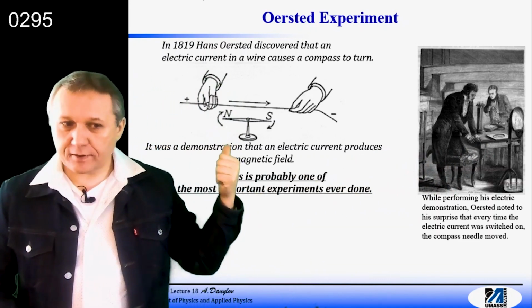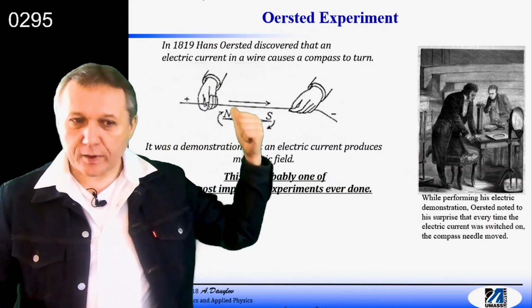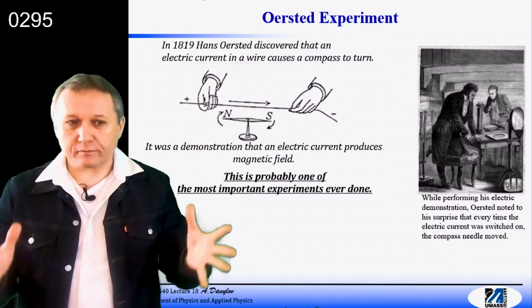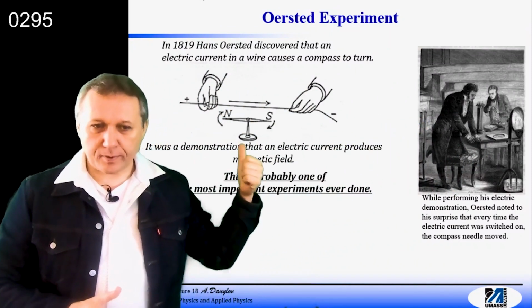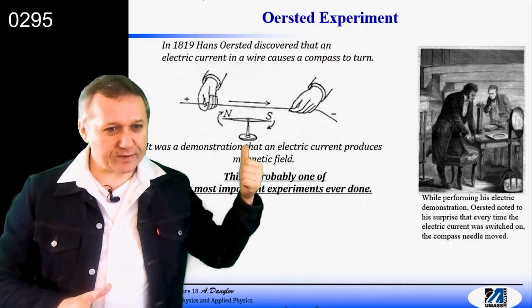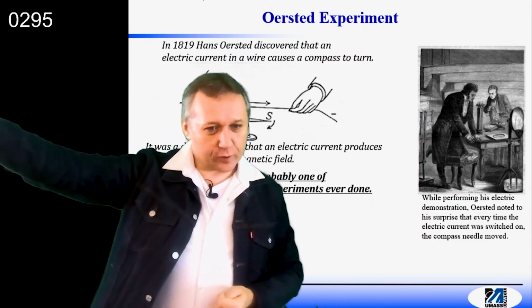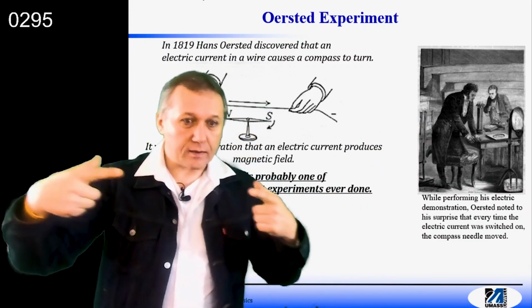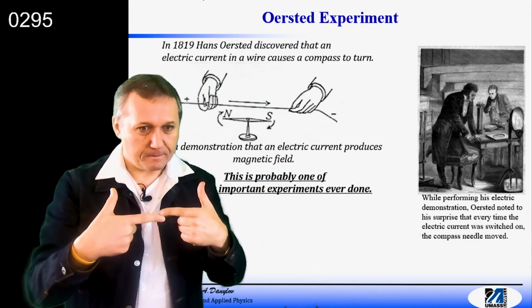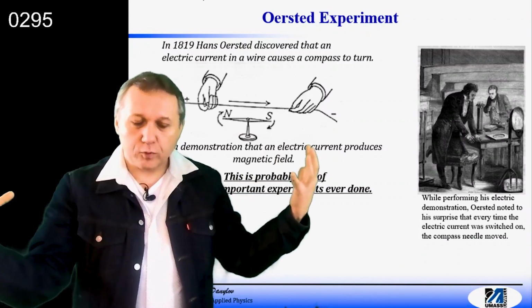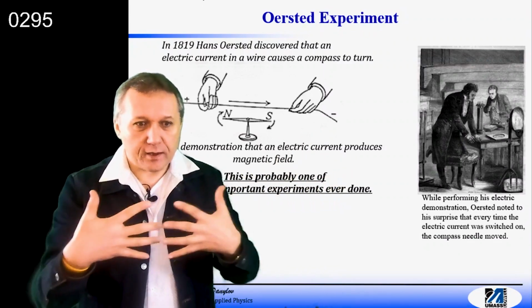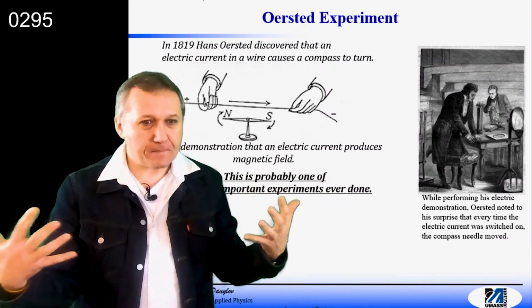And what do we have here? What do we observe? We have a current, a pure representative of the world of electricity. A compass needle, a pure representative of the world of magnetism. And they interact. So it means that these two worlds of electricity and magnetism are not isolated.